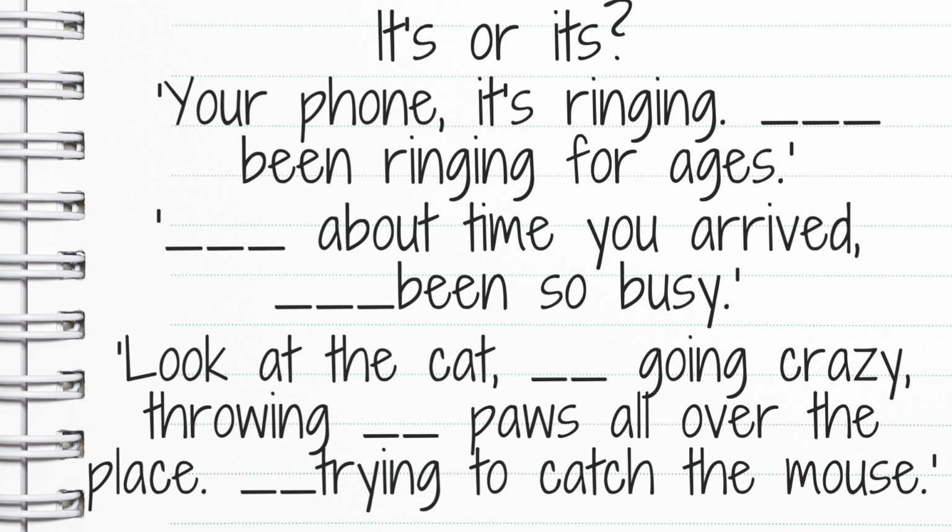And that's why, because of the plural possessive. But this it's with the apostrophe is a contraction, and the its without the apostrophe is a possessive on its own, like his or hers. They don't need an apostrophe.